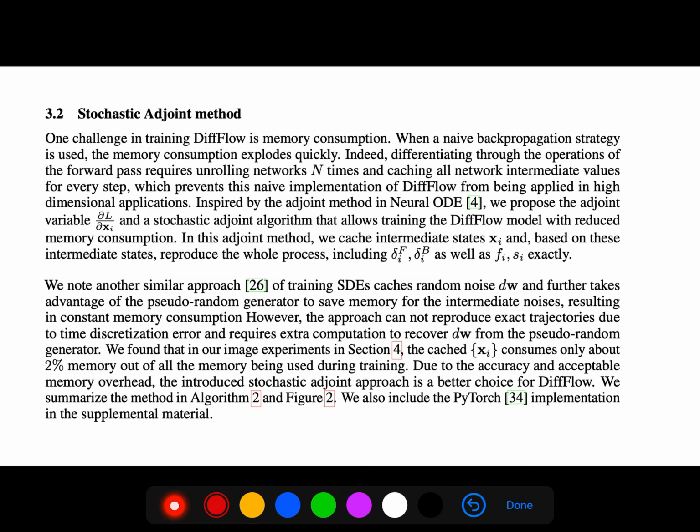So, inspired by the adjoint method that we use in neural ODE, we propose the adjoint variable and a stochastic adjoint algorithm that allows training diff flow models with reduced memory consumption.